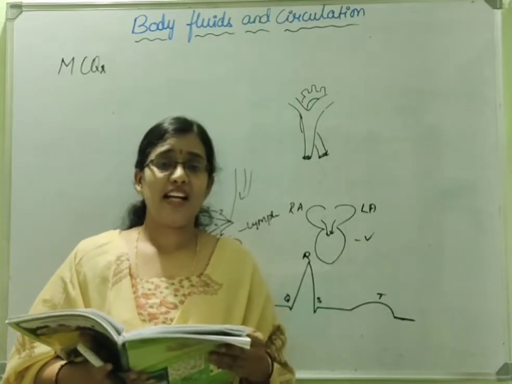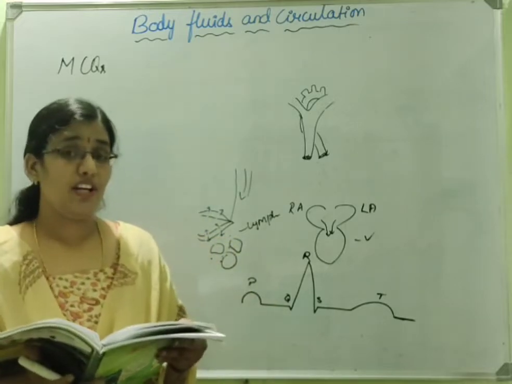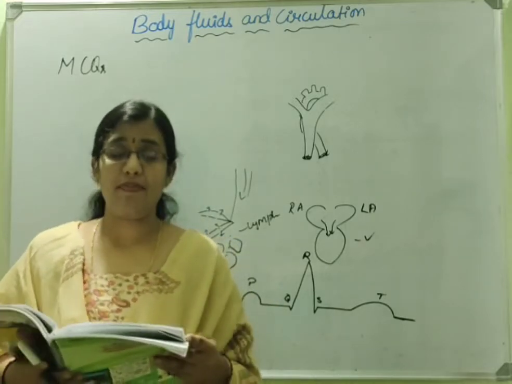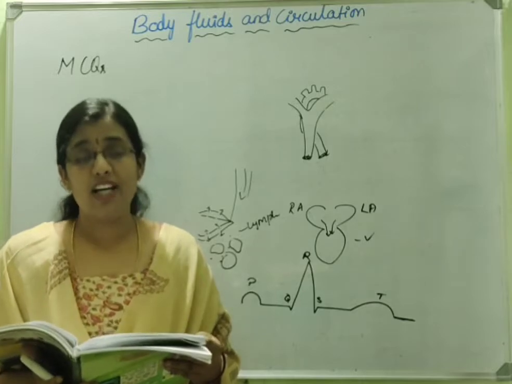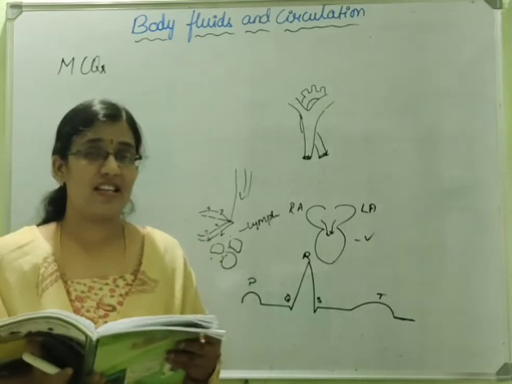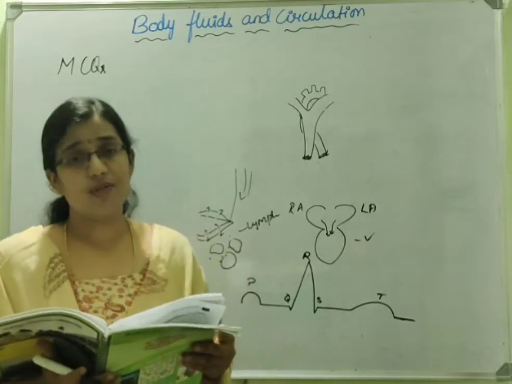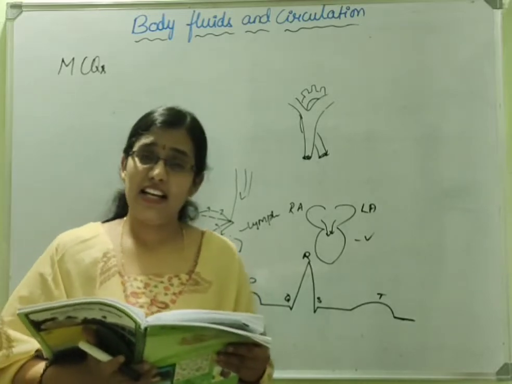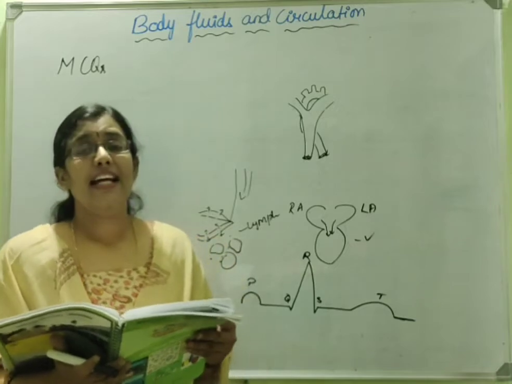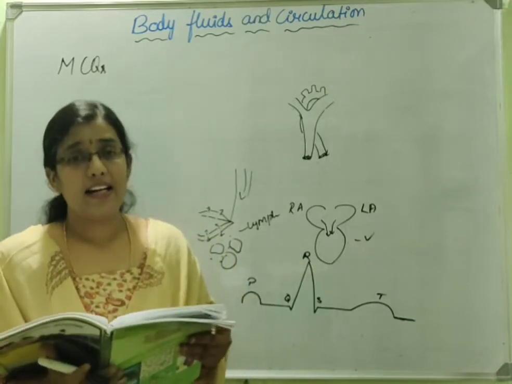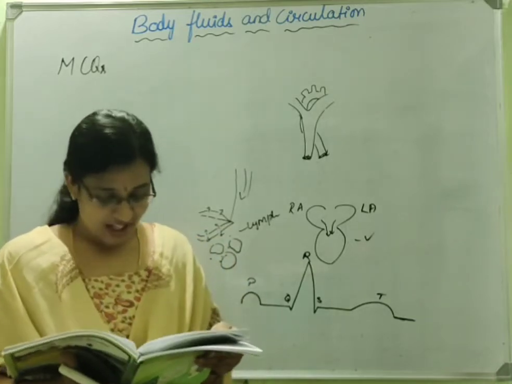It indicates the activation of SA node. So in these auricles, what happens? They undergo depolarization. What do you mean by depolarization? Leaving off a negative charge. So when depolarization occurs, the SA node gets activated and thus it starts the contraction and the heartbeat is initiated.